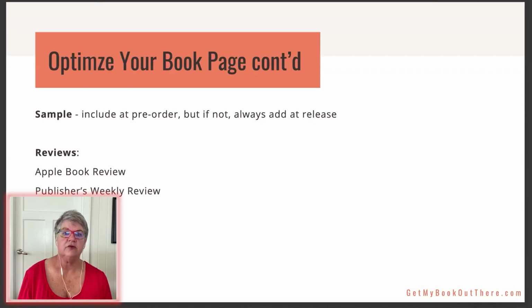It is a paid review, just keep that in mind. There is a free option, but chances are everybody's going for the free option, so you may get drowned out. There is a paid option, which guarantees you a review. That review can then be put into this special section for credible reviews. That's another thing you can do to maximize or optimize your book page.